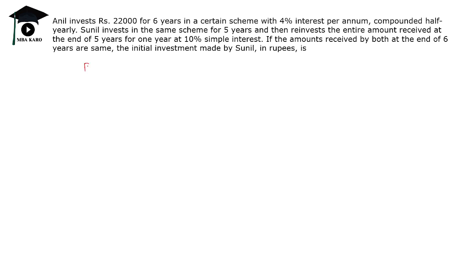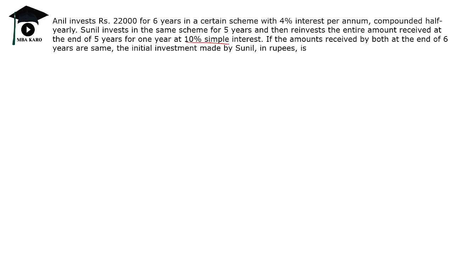So first 5 years, both are investing. So the interest will be same. Okay, so that does not impact the amount because, see, you can do it formula wise, but if you understand that for 5 years the thing is same.